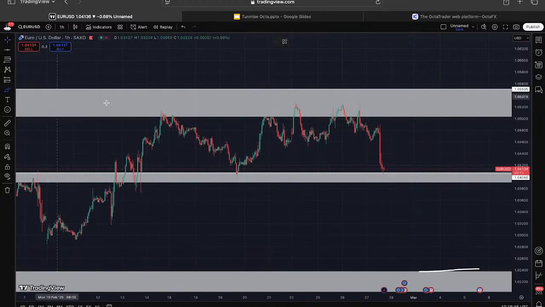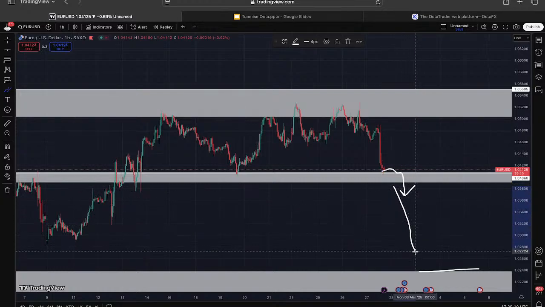So we might see price just go down. With this drop in price, there's a higher chance that price will break out of this support zone. Okay, and there is a higher bearish momentum coming in.